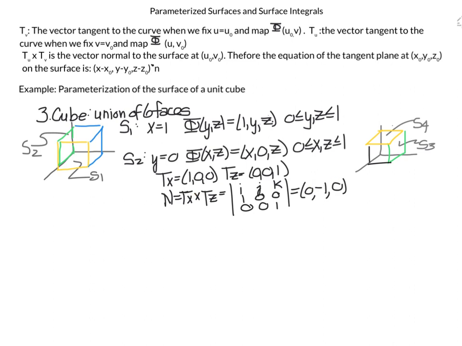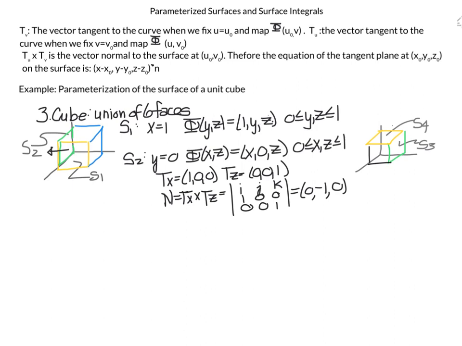So what that means is, for our S2 surface, the green face here, our normal is pointing outwards in the direction of 0, negative 1, 0. In other words, it's pointing in the negative y direction, which is exactly what we would expect.